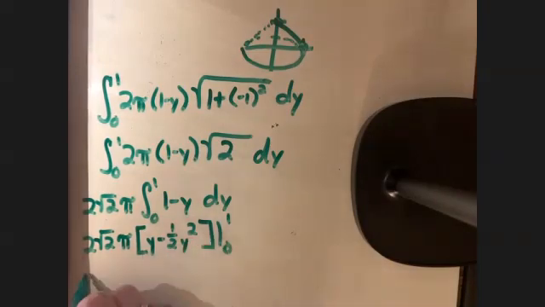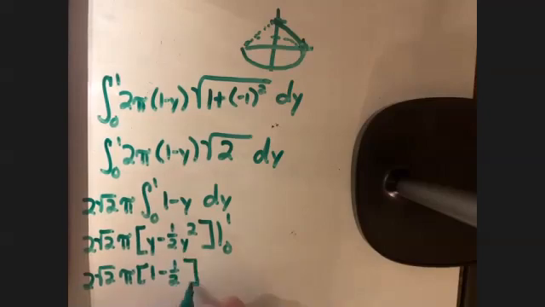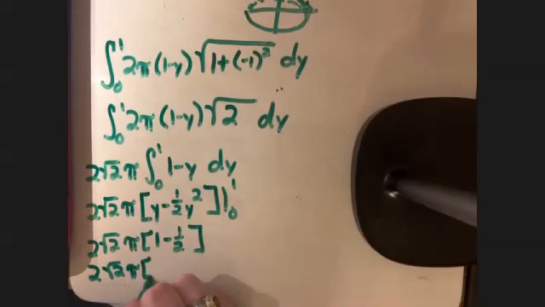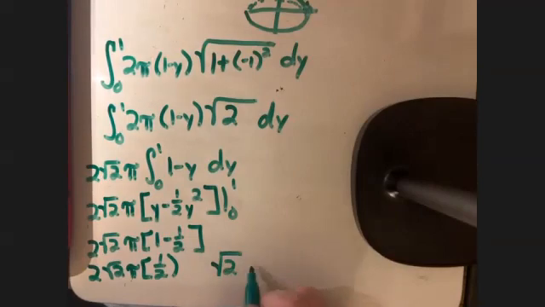So the 1 is what I care about. So at 2 square roots of 2 pi times 1 minus 1/2, that is going to be 1/2. So we've got 2 square roots of 2 pi times 1/2. The half and the 2 will go away, so I've got square root of 2 pi.